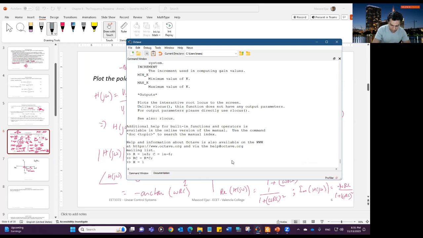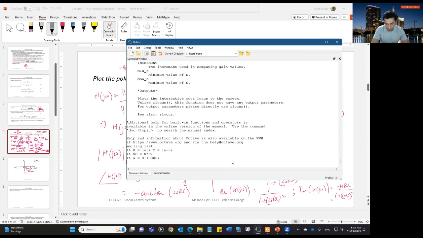Let's define omega first, sorry. So let's define omega going from 0 to a very large number, let's say 10,000, and step size is 1. And H is 1 divided by 1 plus j omega RC.